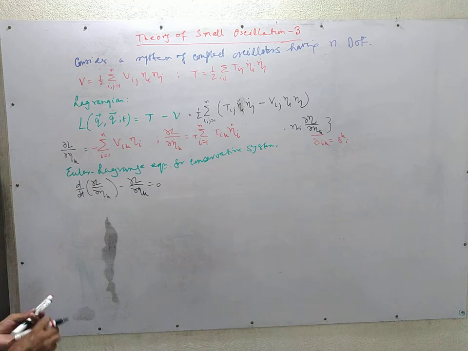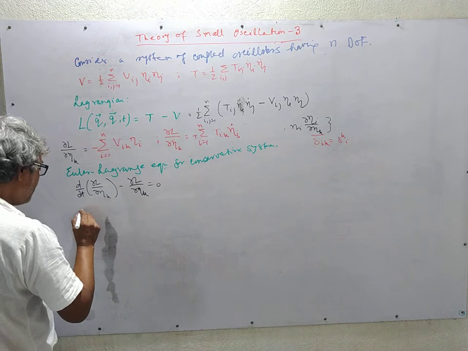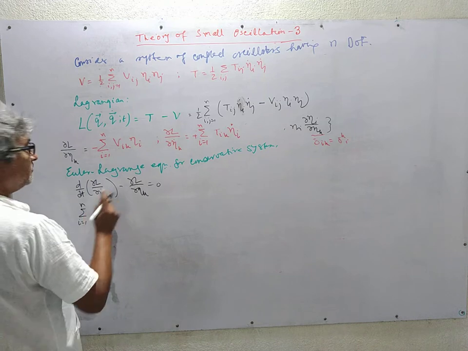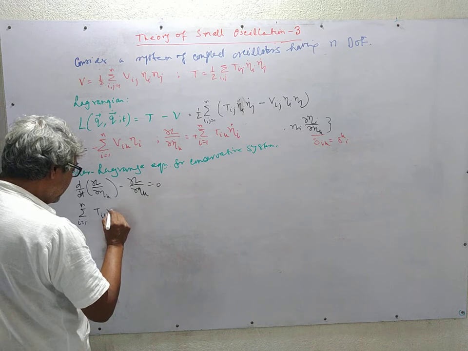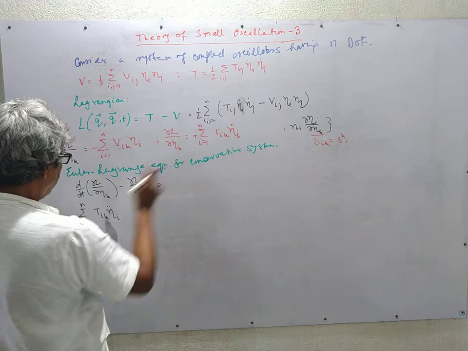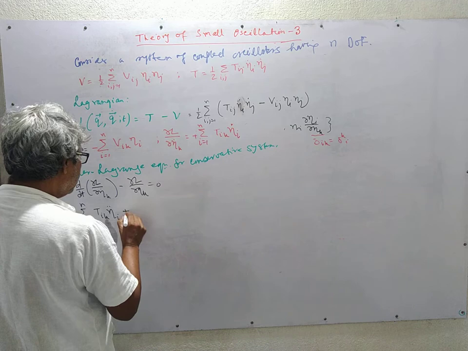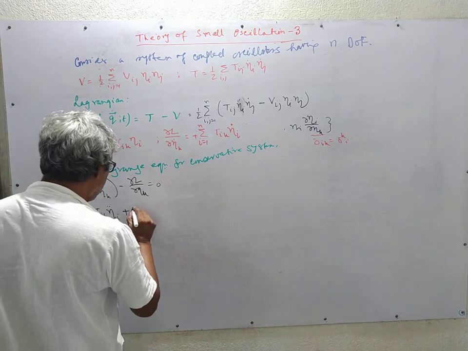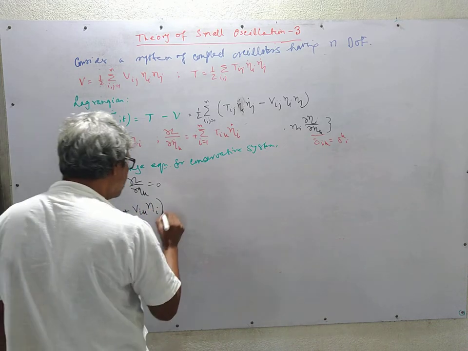And we have the components, these T_ij are constant, so we get summation over i equal to 1 to n. From this part we get T_ik η_i double dot, because there will be a differentiation with respect to time. And in this part there is a minus sign and another minus sign which makes it plus. So it is V_ik η_i is equal to 0.